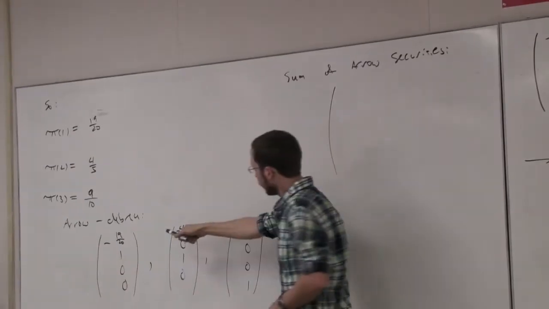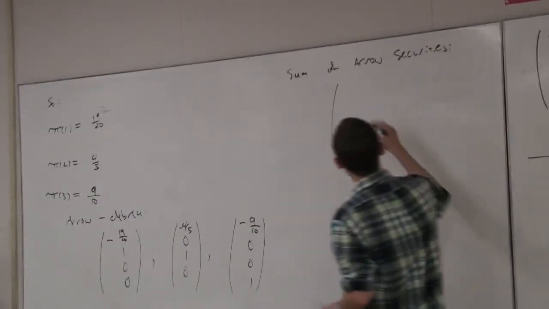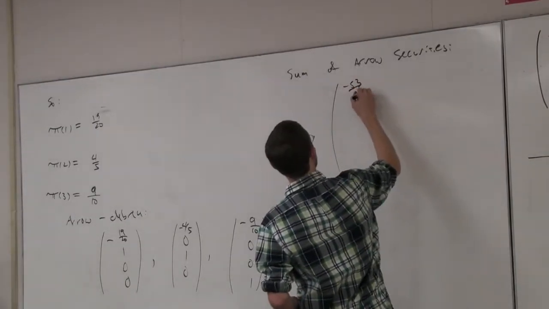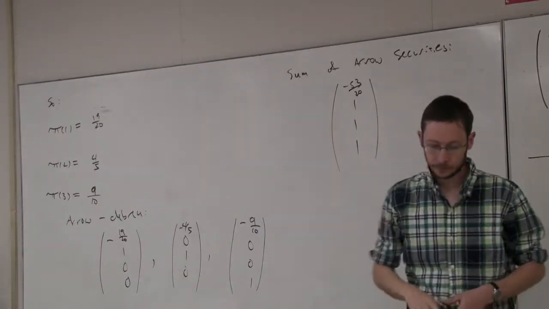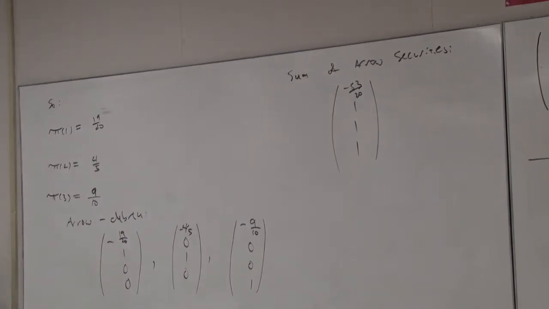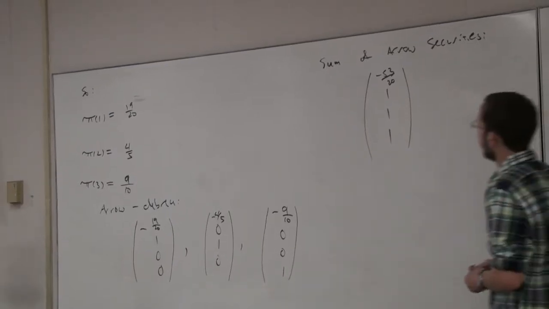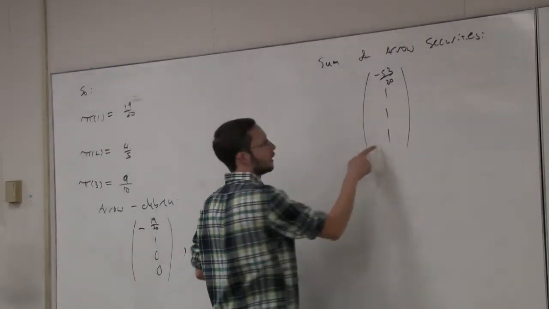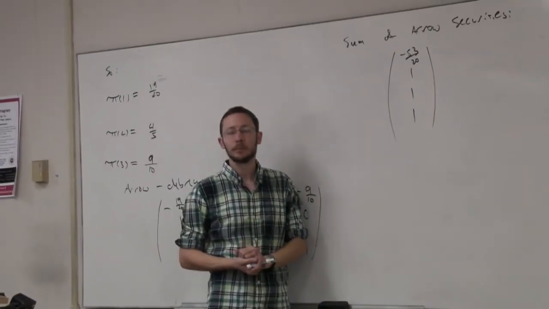Adding these fractions together gives us negative 53/20. And so remember, that's the definition of a risk-free asset: one that returns the same amount in each state of nature.